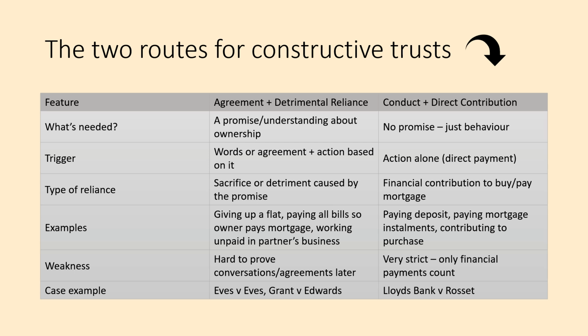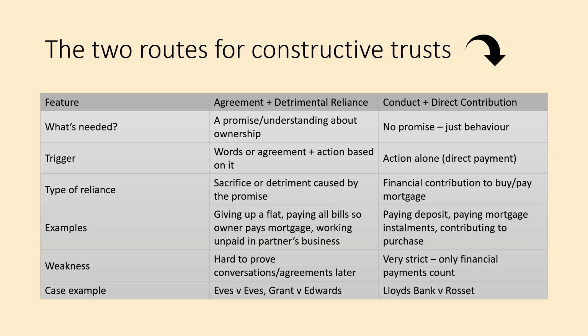Now, as opposed to that, we've got obviously route 2, where we don't have any kind of promise in the first place. We just need to look at the behavior of the party. So it's not anything spoken or written. It's just about conduct and contributions.